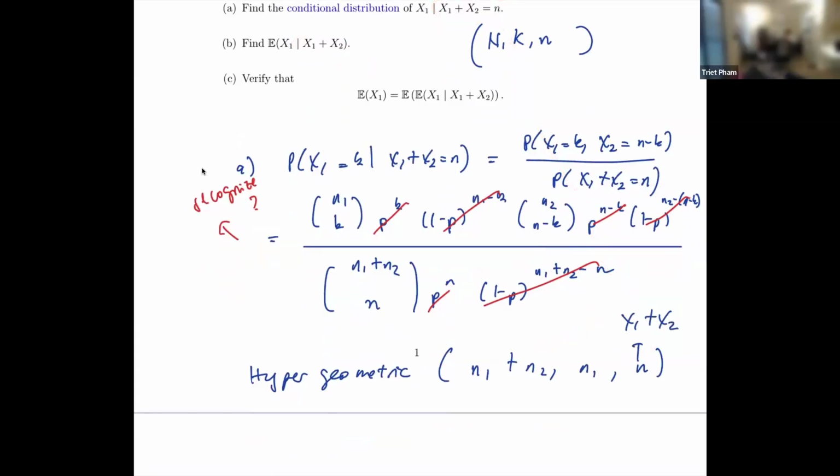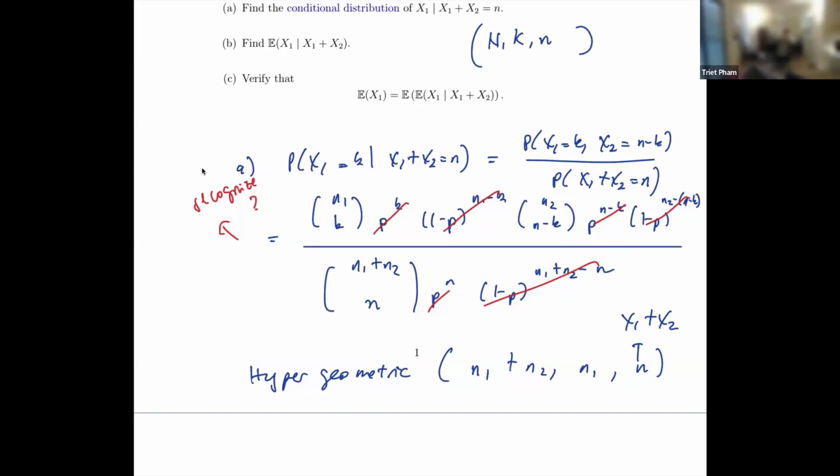Part B asked me to calculate the conditional expectation here, and notice it didn't say condition on x1 plus x2 equals n. It just said condition on x1 plus x2. And why is part B that way? Because it prepares for part C, where it asks you to verify the law of total expectation.